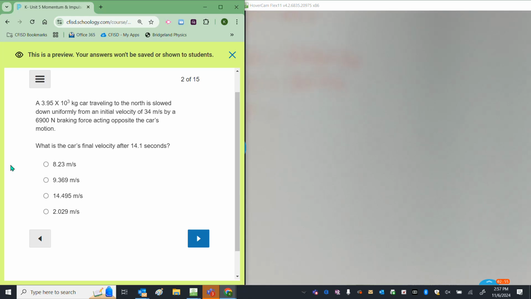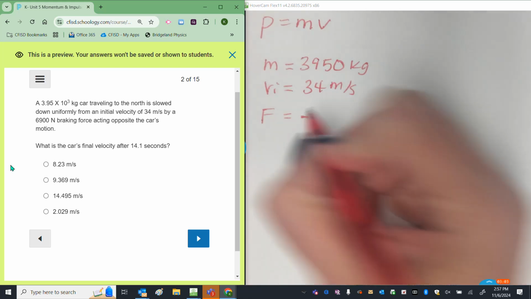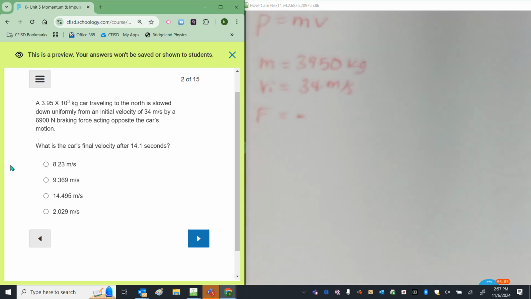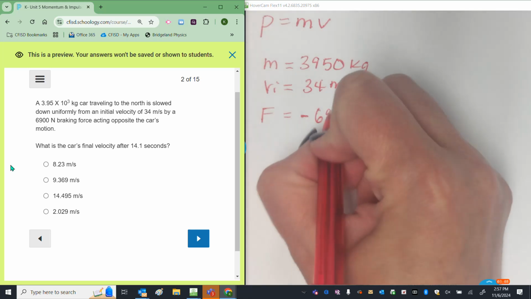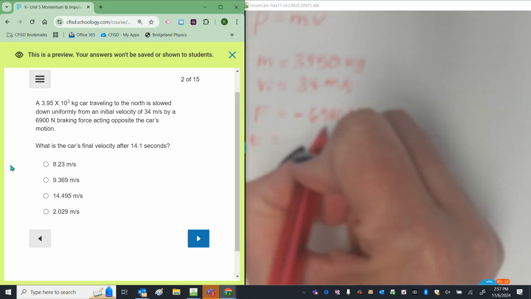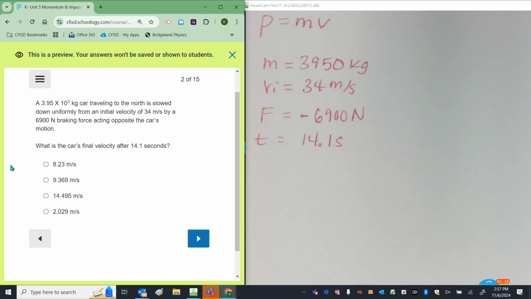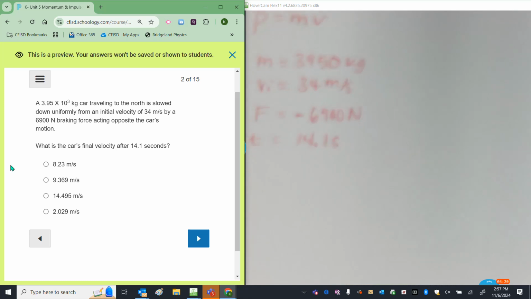You're not going to be pushing your gas and your brake at the same time, so the only force acting on it is this braking force. It is opposite the car's motion, so I am going to put a negative sign in front of it and write 6,900 newtons. And then it wants to know what the final velocity is after a time of 14.1 seconds.